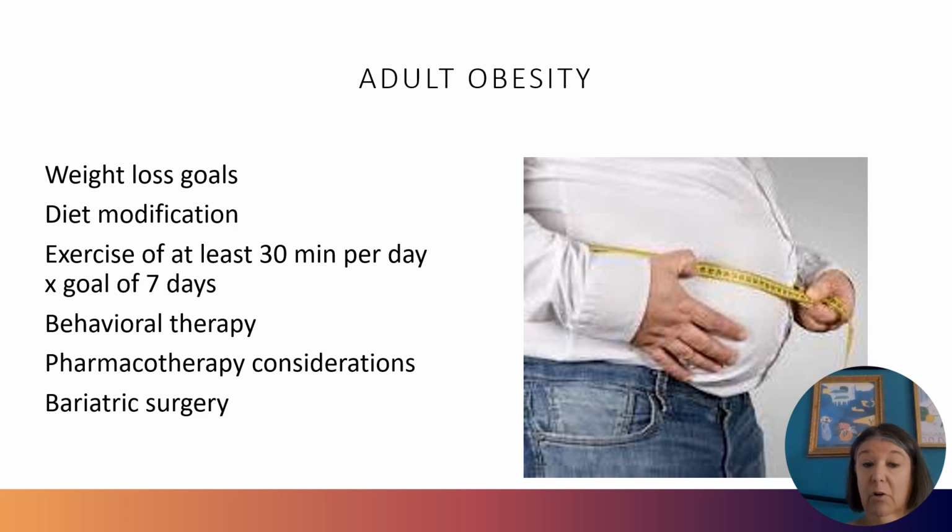Obesity causes a decrease in life expectancy. It increases mortality risk. In the US, the all-cause mortality rate is 20% higher in adults with obesity compared to adults with normal weight.